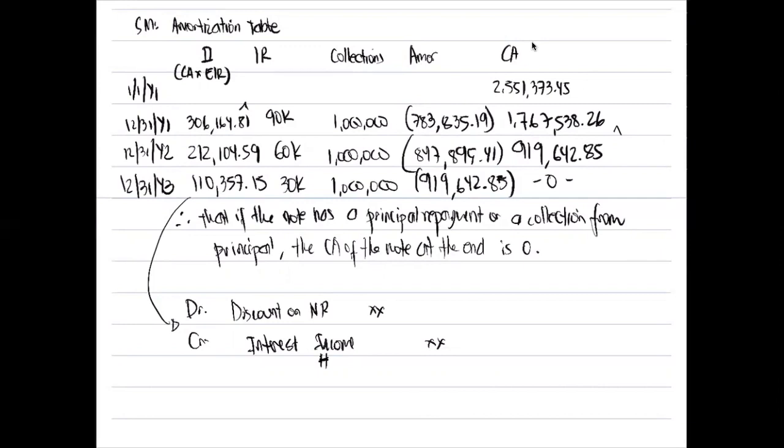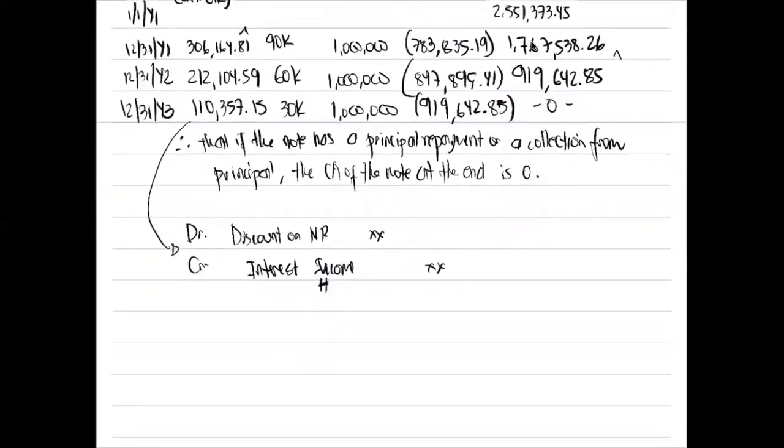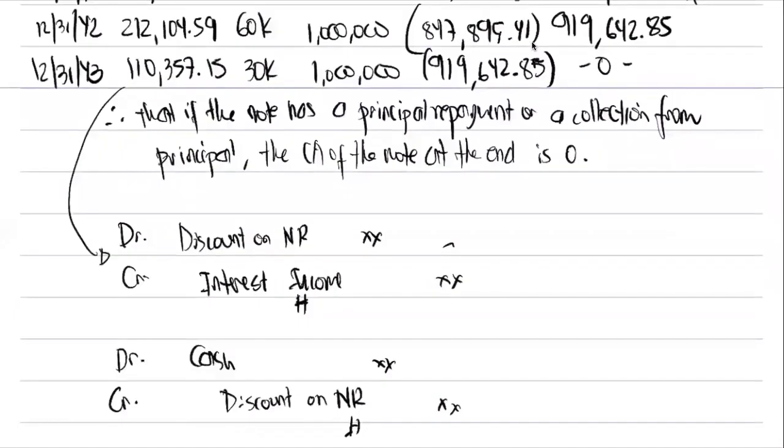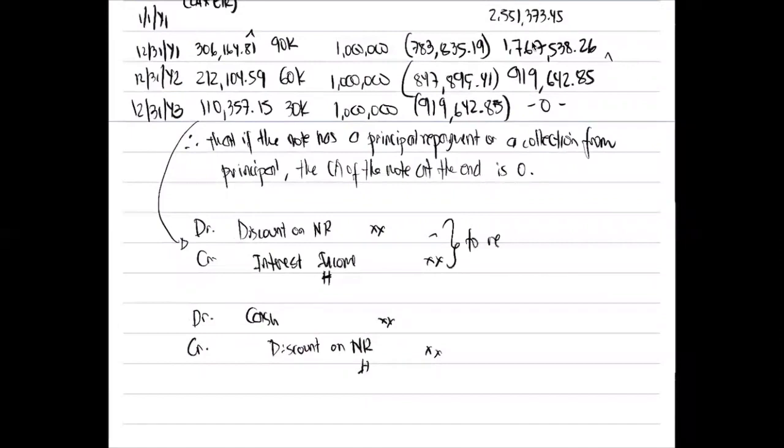Then next, we have your debit to cash for your interest received, and a credit to discount on notes receivable. Here, we used discount again because our sample is a discount. So this is to record the interest income. This one is to record the interest received.